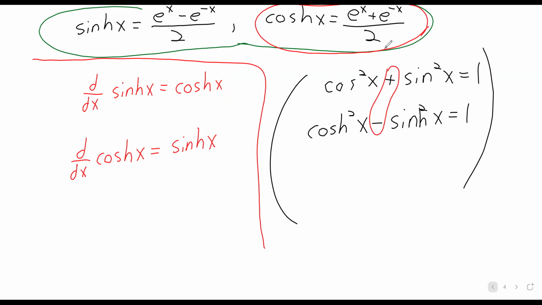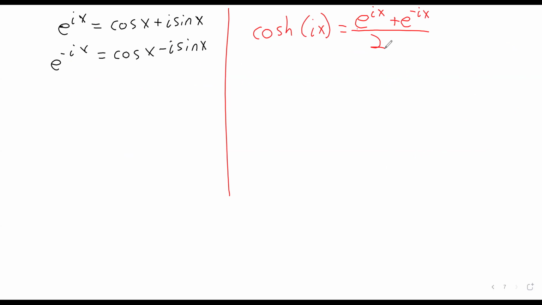I'm just plugging ix into this the exact same way you'd plug any other number or expression into this. But this is defined in terms of e to the ix and e to the negative ix. And those in turn are defined in terms of the cosine and the sine.